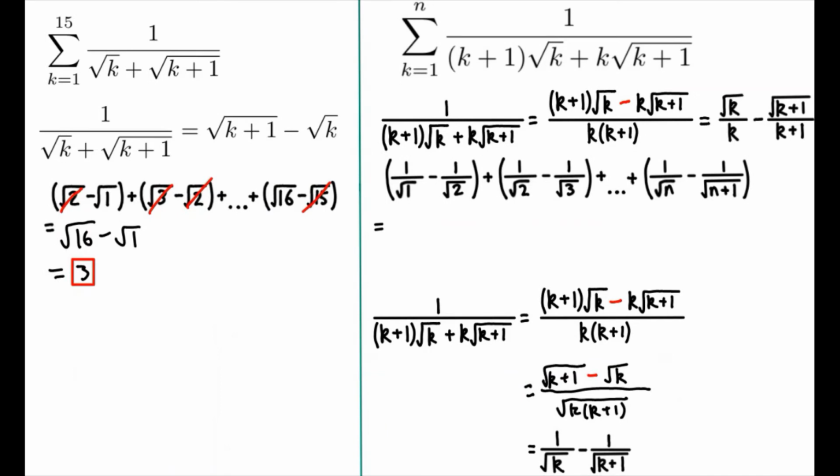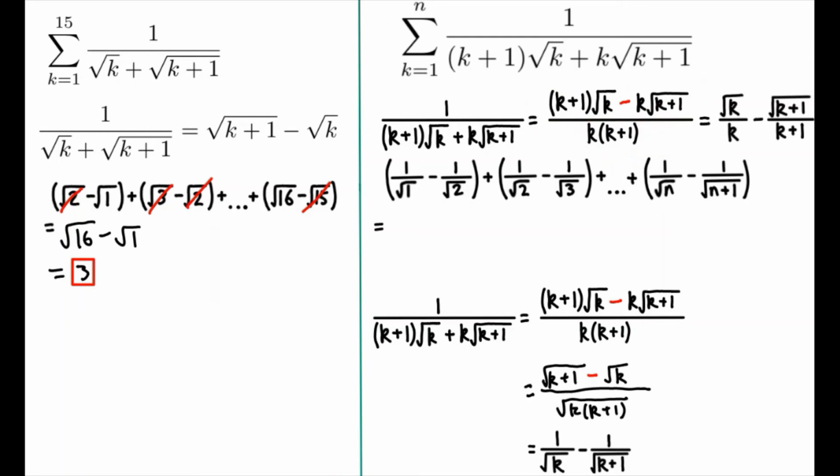First of all, you can tell that these two examples are pretty alike, so let's do what we did last time: multiply by the conjugate. When we do that, we get k times k+1 on the bottom, and its conjugate, (k+1) times square root of k minus k times square root of k+1.